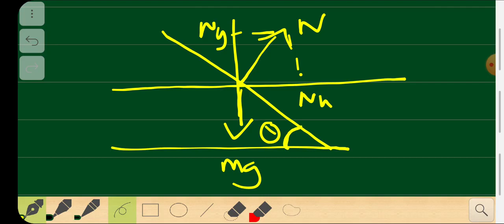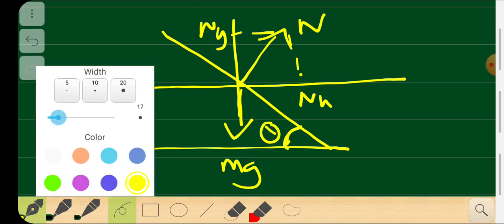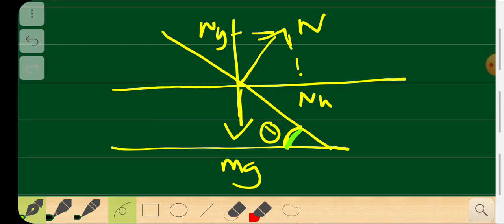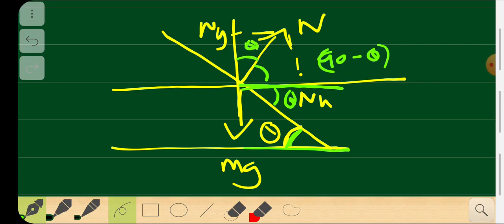So if this is theta here, then these are two parallel lines, right? So you can say this will also be theta. So this will be 90 minus theta, right? And so this angle will be theta again. Okay, you got that, right?